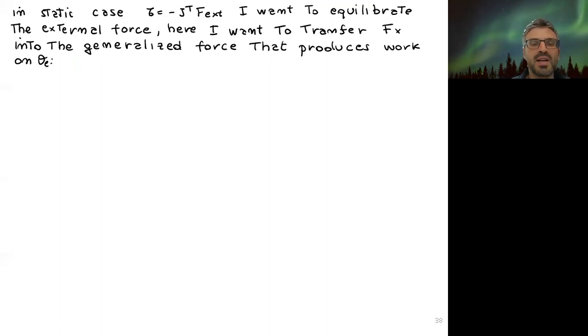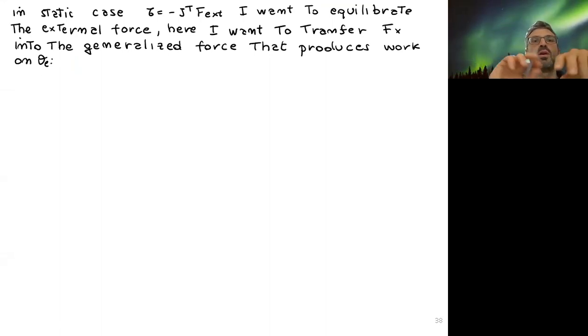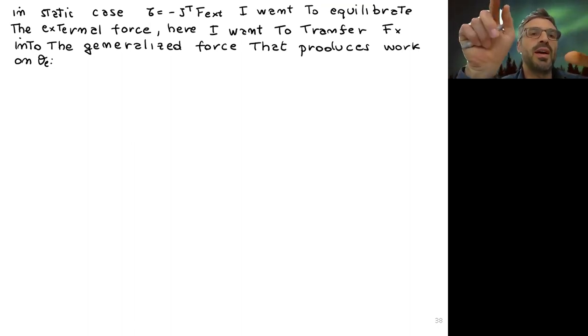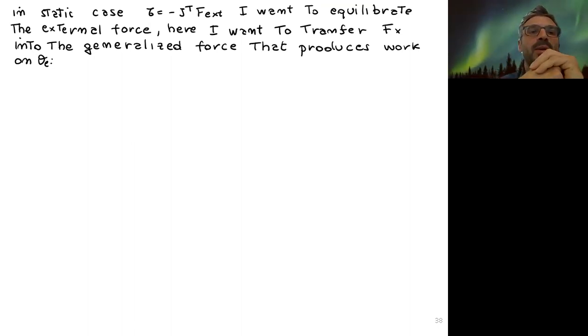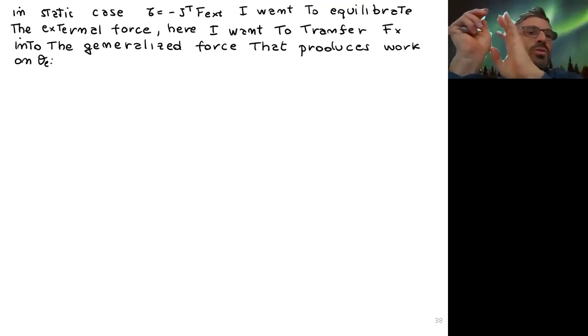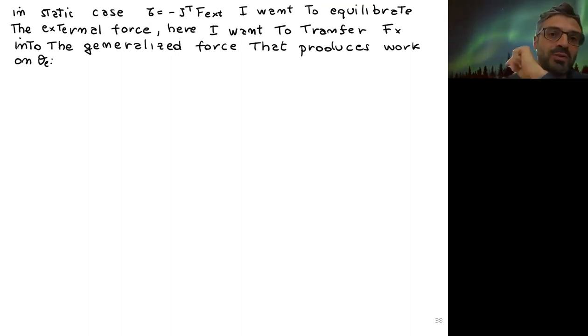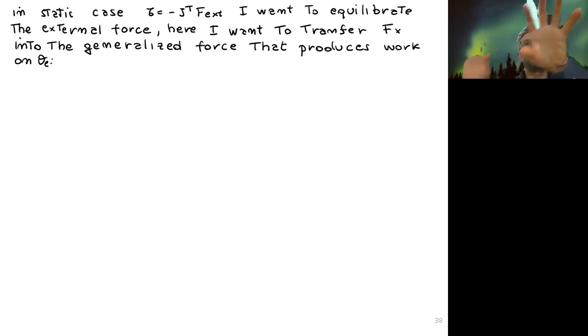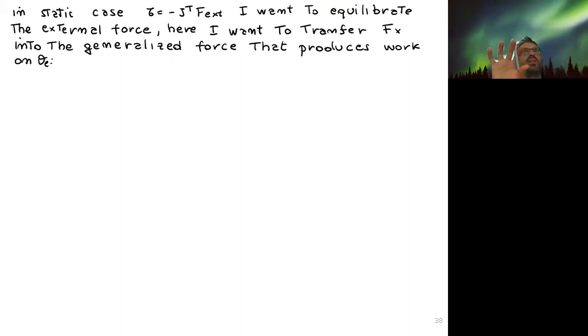So remember that in the static case, you were seeing tau equal to minus J transpose Fx, the external forces from the environment. But here tau and J transpose Fx are on the same side, so there will be no minus sign. Because they are on the same side, on the other side there will be not zero, but some acceleration.